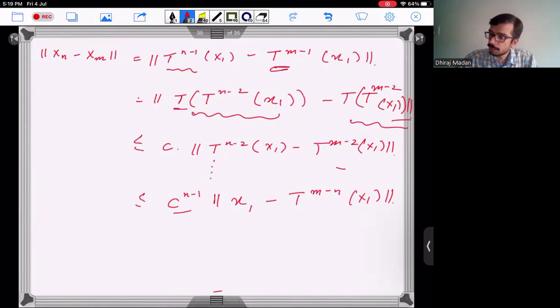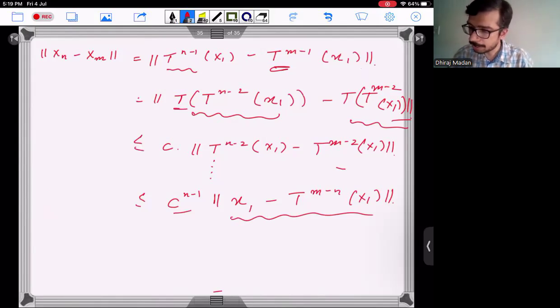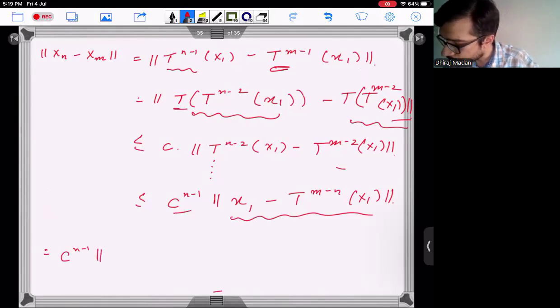Now, how do I compute this distance? Okay. So I rewrite this as c to the power n minus 1 times the distance involving x1. By the way, T^(m-n) acting on x1 is just how much? It is x m minus n plus 1.